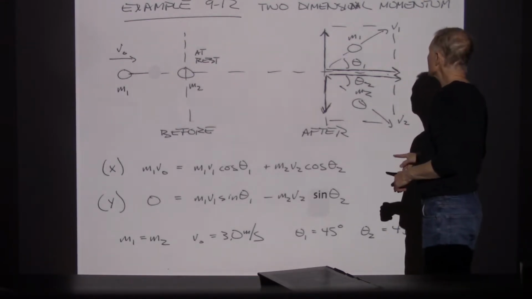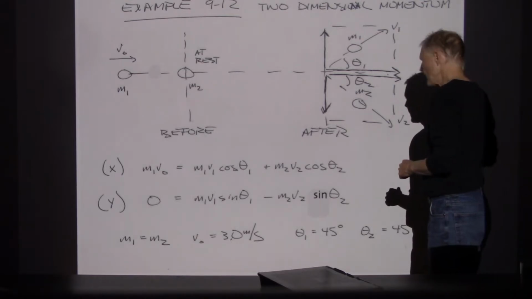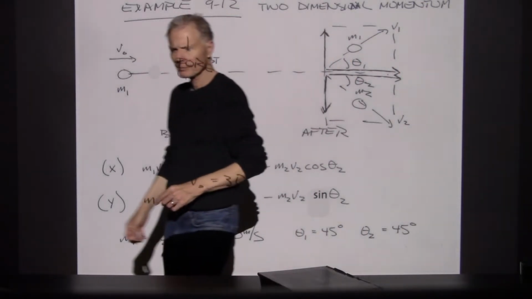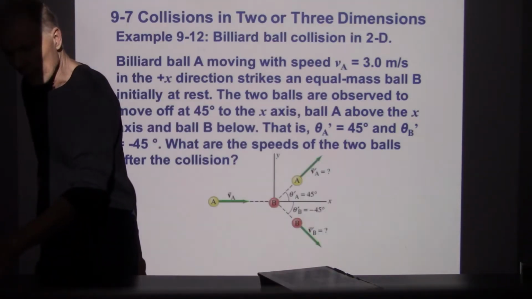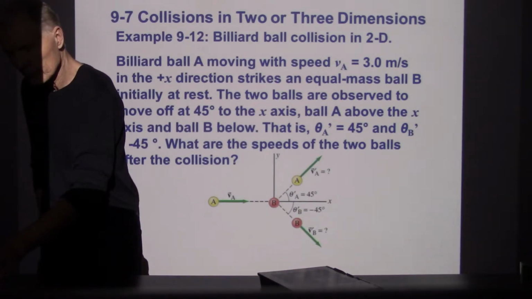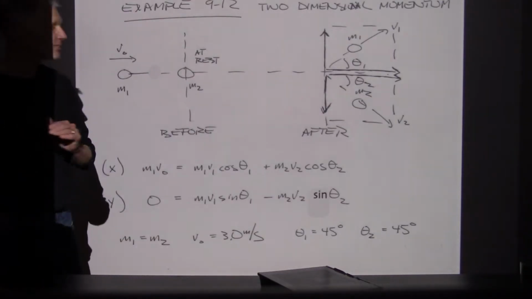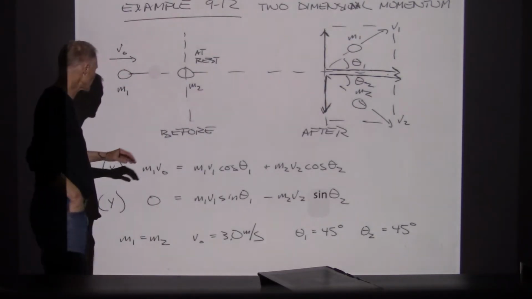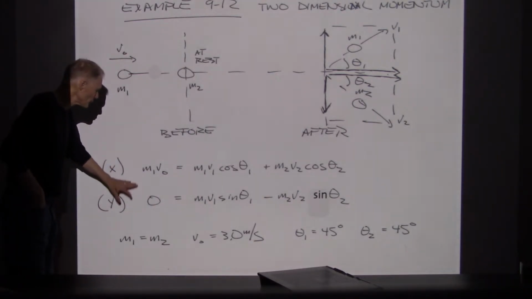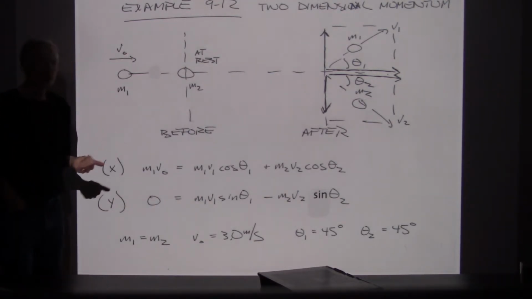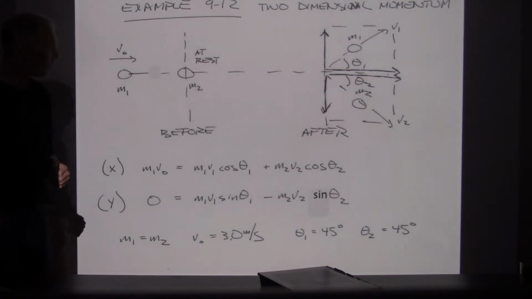Now, in this example, they are telling us that it's 2 billiard balls, and so the masses are going to be the same. So what I wanted to do was write the equations down more generally at first, and then we can come back and take a look.